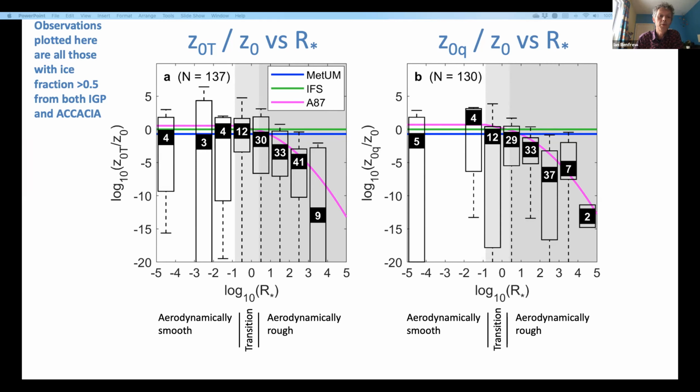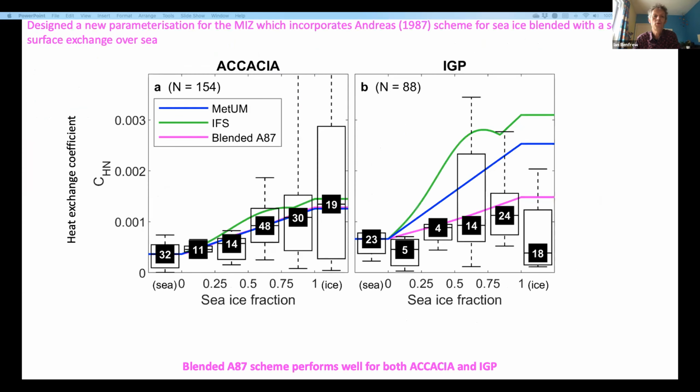So we've come up with a remedy for this. We've come up with a new parameterization for the marginal ice zone, which blends together the Andreas scheme for sea ice with a different scheme for surface exchange over sea. And when we do that, we get these magenta lines here. So I've plotted the magenta line for heat here for the Acacia data, and you can see that that matches quite well.